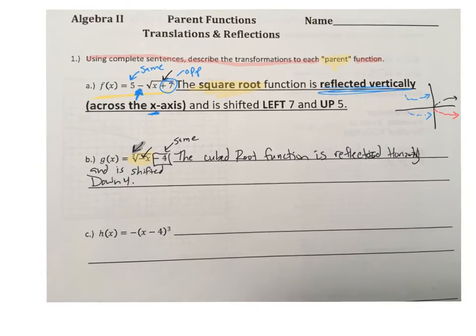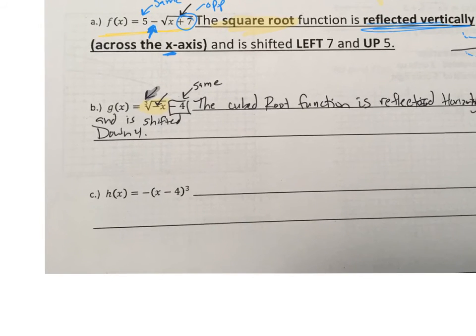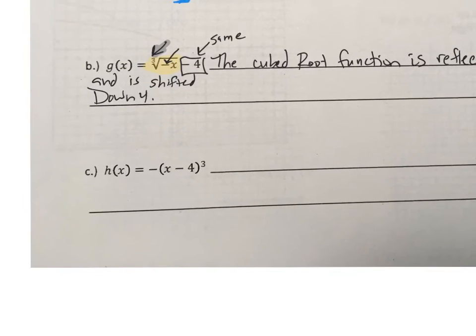So the next one, C, the first thing I do is look and see what kind of function it is. And so I'm like looking for one of those things that happened to the x in those parent functions.